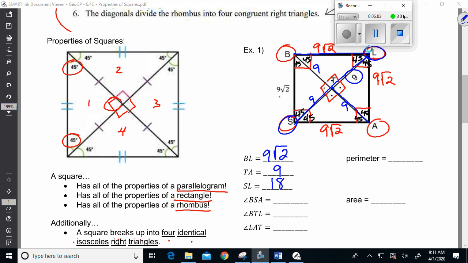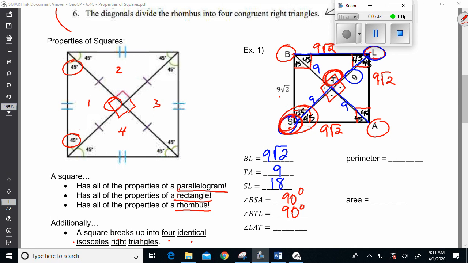Angle BSA. Remember, the middle letter tells you where you're located. So BSA is this angle right there, and they're talking about the whole thing. So it's 90 degrees. BTL is talking about that angle right there, which you can see is 90 degrees.